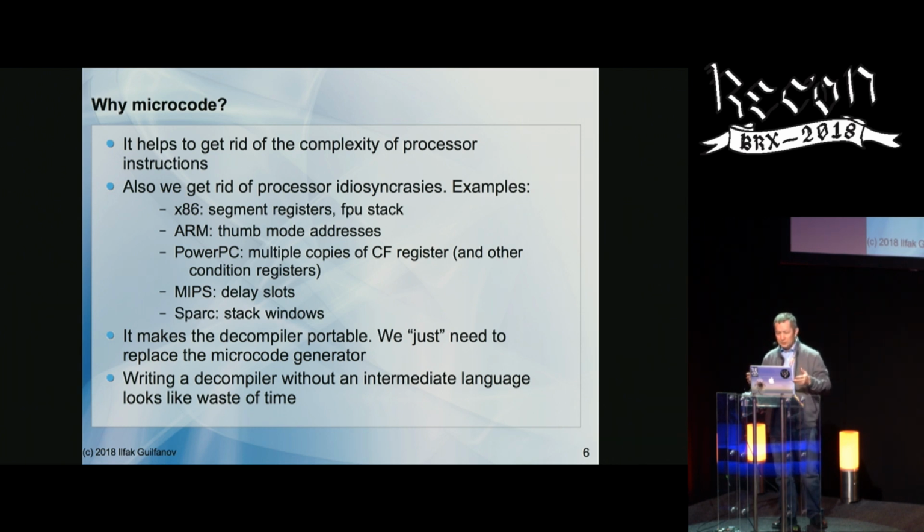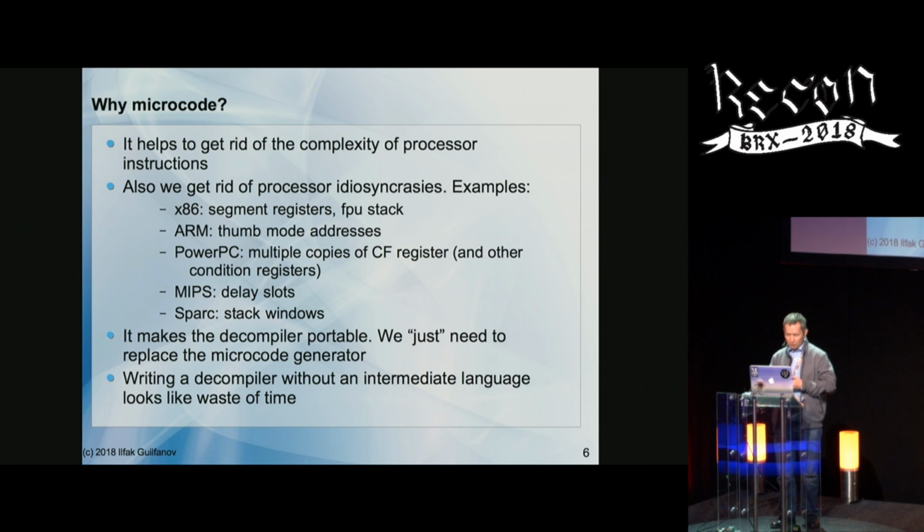This is something that the rest of the decompiler had better not know about. Of course, the part of the decompiler that generates the microcode needs to know about these particularities, but the rest should not care about it. So we keep the code simpler. MIPS has delay slots, SPARC has register windows, and so on.